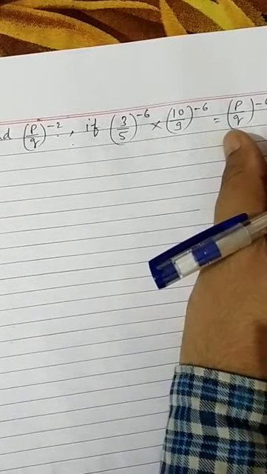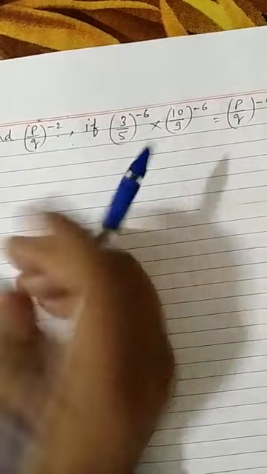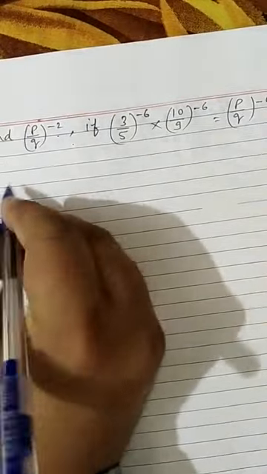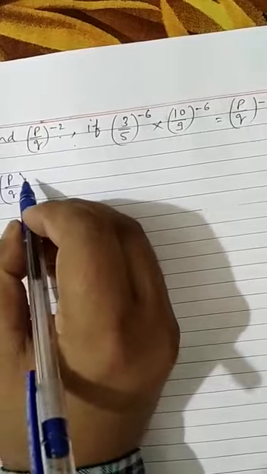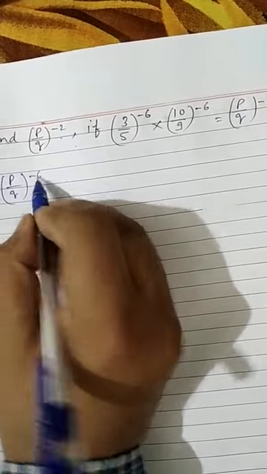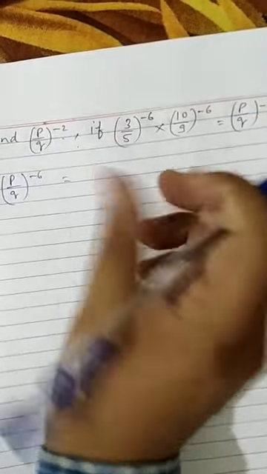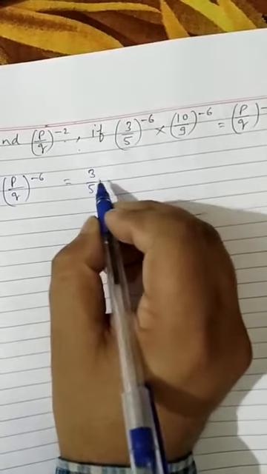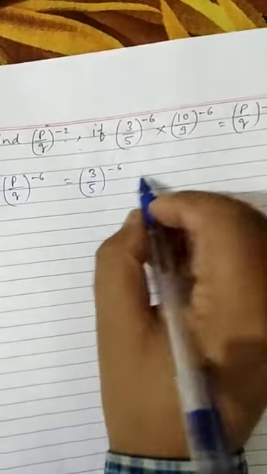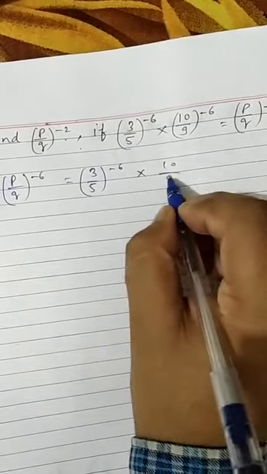The variable is always put on the left hand side, so I will put it here: (p/q)^-6, and this is (3/5)^-6 and (10/9)^-6.